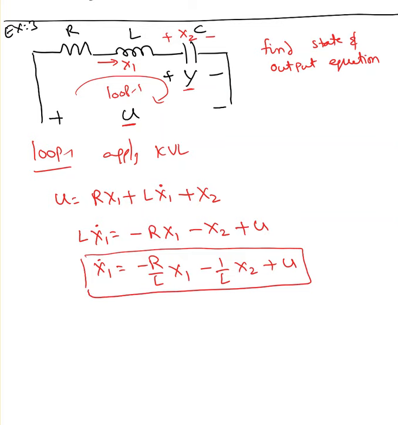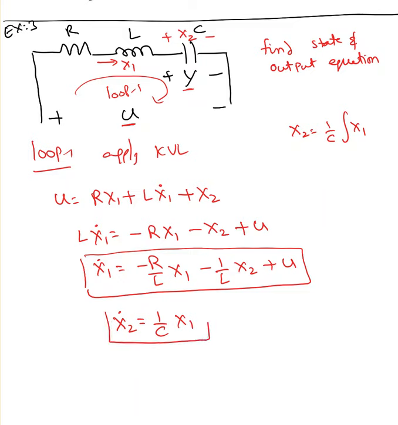Another state equation: x2 is the voltage drop across the capacitor. Can I say x2 equal to 1 over C integral of x1? Okay, so x1 is the current passing through that capacitor. So x2 dot equal to 1 over C x1. This is my second state equation.